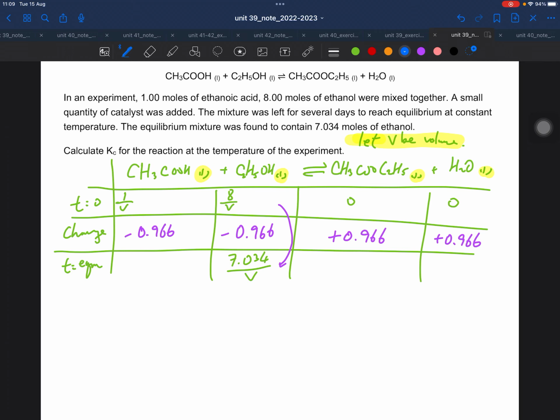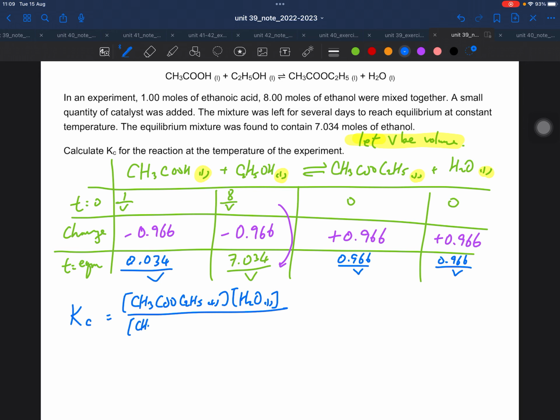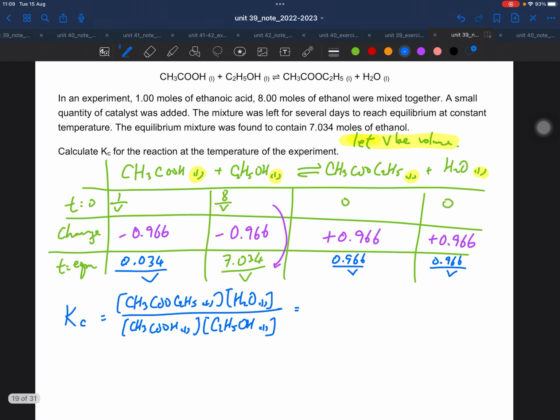And then the next one is like this. So the value of Kc, let me copy down first. Like this, and we input everything.